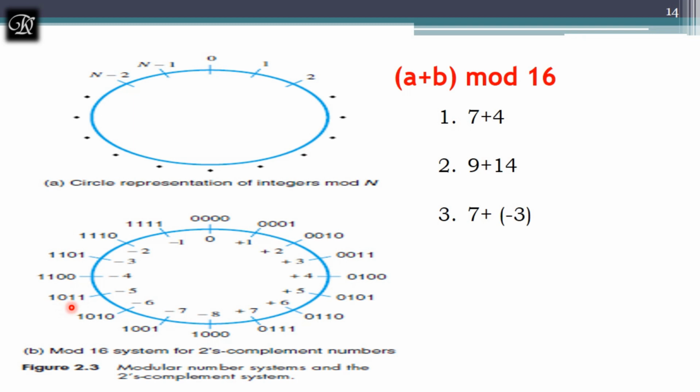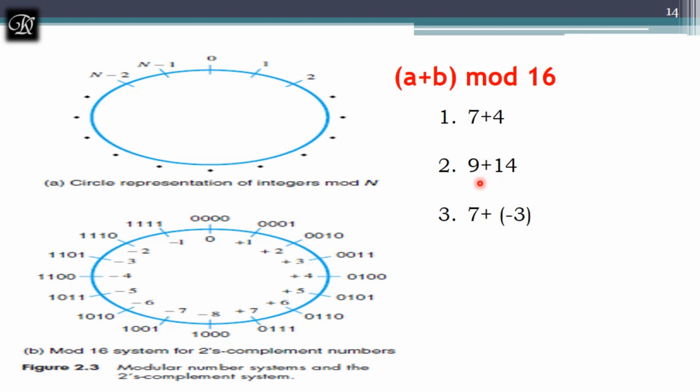Now I am at 1011. 1011 was the answer we got before also. 1011 is nothing but 11. How to tell 11? 1 plus 2, 3, then 0, 0, and 8. 8 plus 3 is 11. We got the answer 11, which is correct, as I did not exceed mod 16, and it was the same answer as in the previous slide discussion.